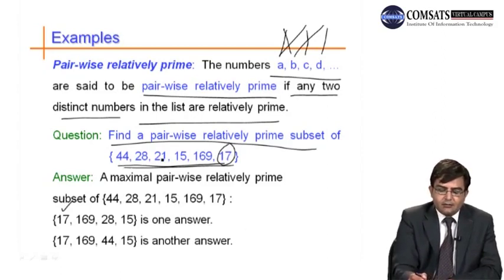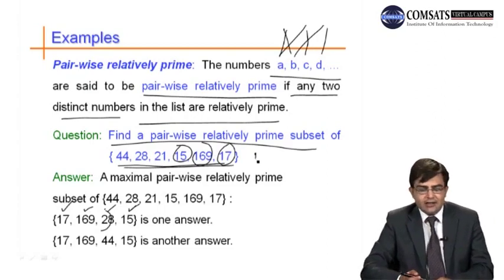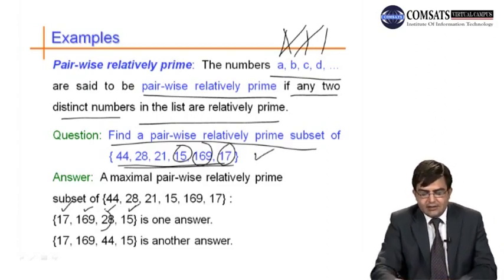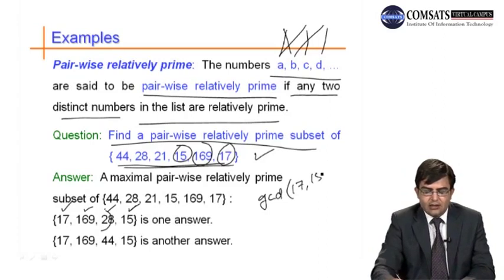and if we take 15 here, and 169 and 28, these are four numbers in this set which are relatively prime, because the GCD of any two numbers in this set is 1.